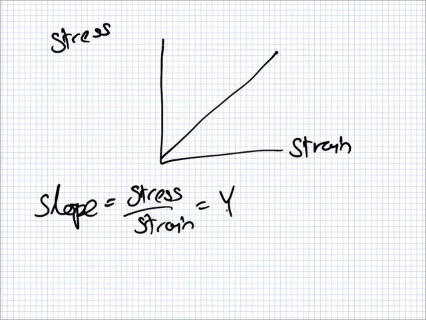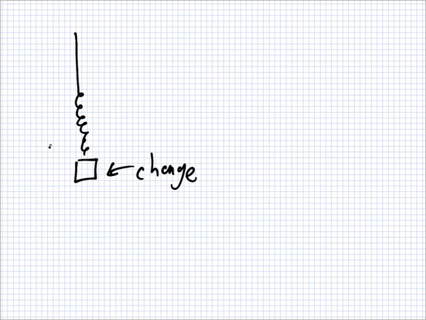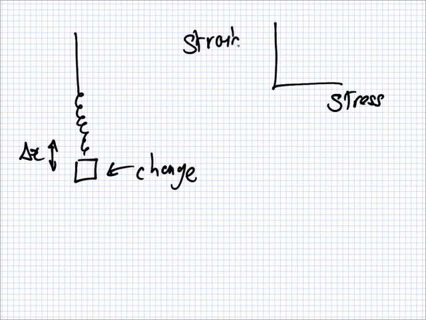For example, if you change this and then you measure this, here you're changing the stress. So you draw this. But the other way you could do it is like this.